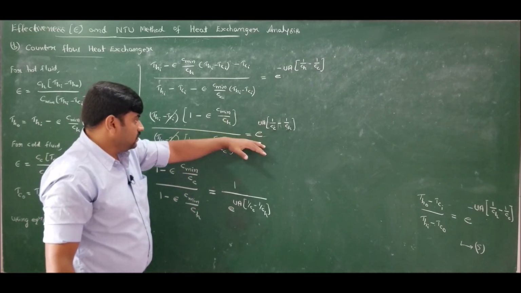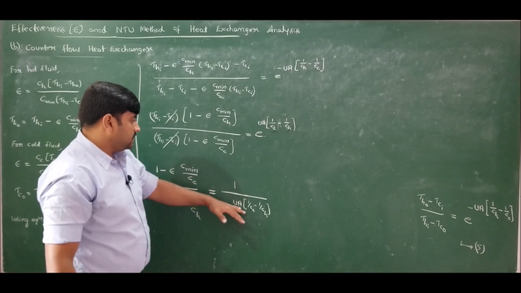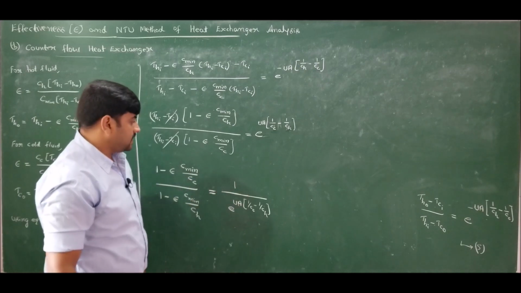So therefore I take the reciprocal. Now if I take this to the numerator, e to the power of x, this is of the form 1 by e to the power of x, I can write it as e to the power of minus x.